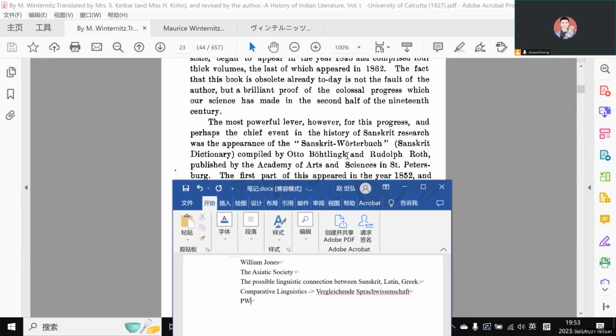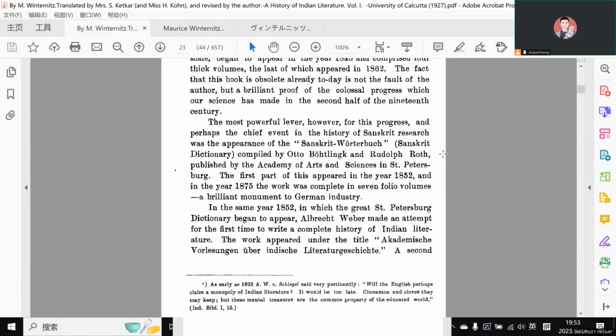This was edited by two very famous scholars, Otto Böhtlingk and Rudolf Roth, and published by the Academy of Arts and Sciences in St. Petersburg.